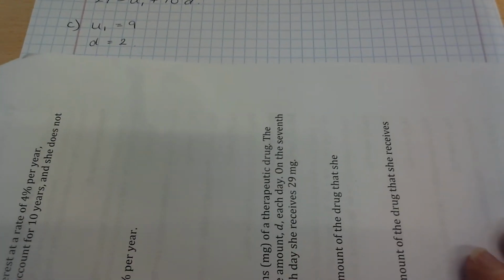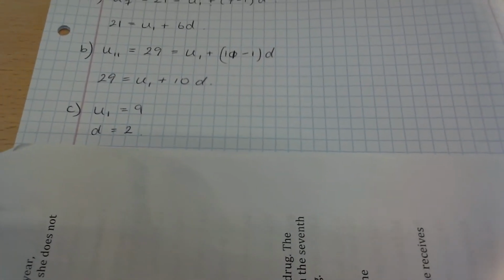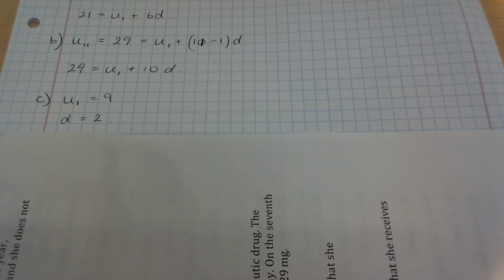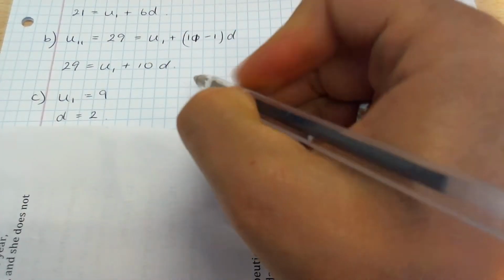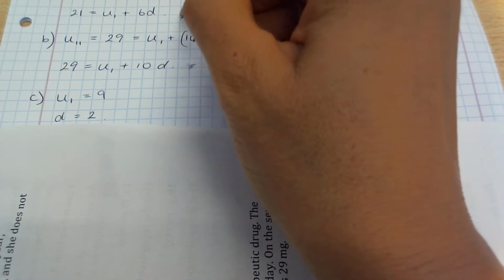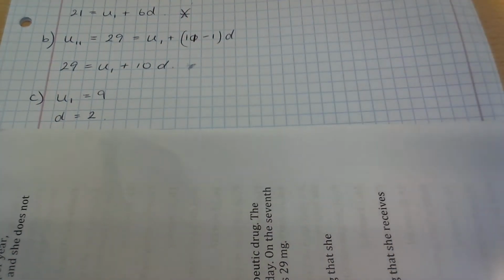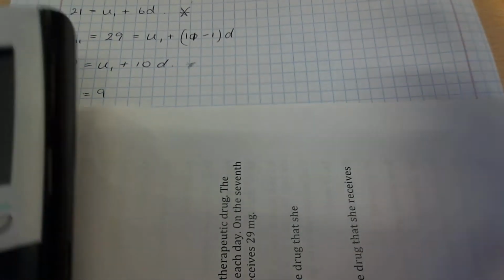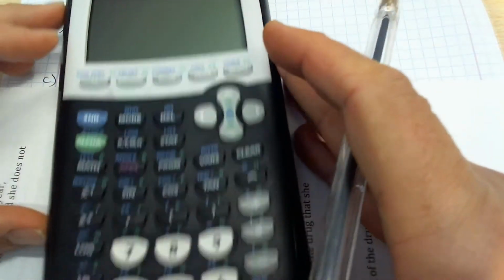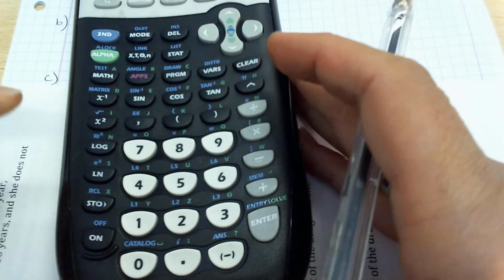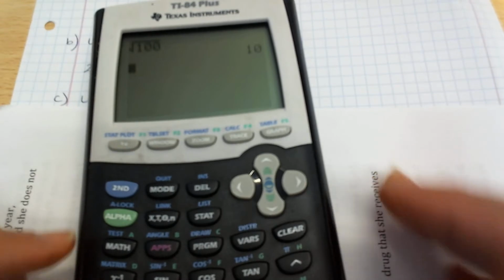Then for part C, it's just a case of using your calculator with the two equations, this one and this one. We can use our calculator to find out the value. So, put it on.